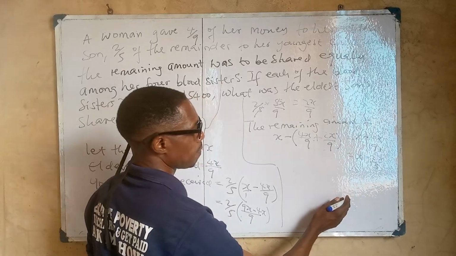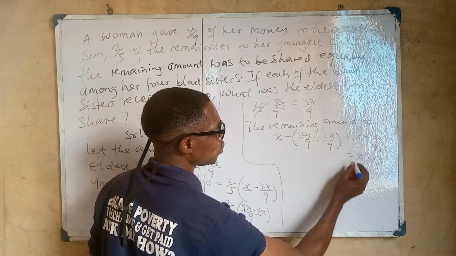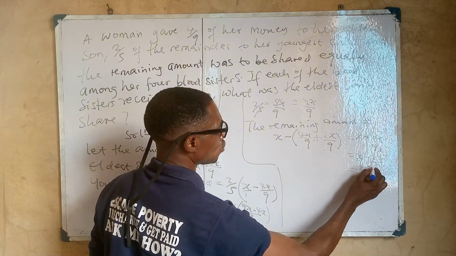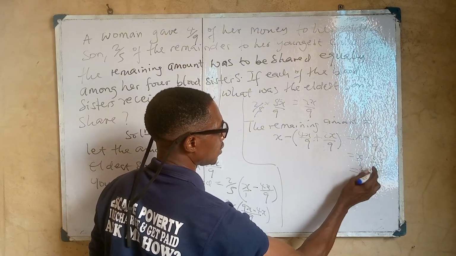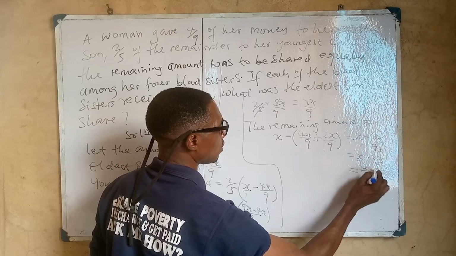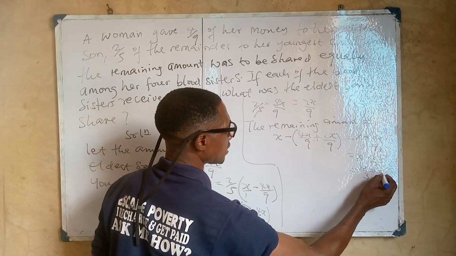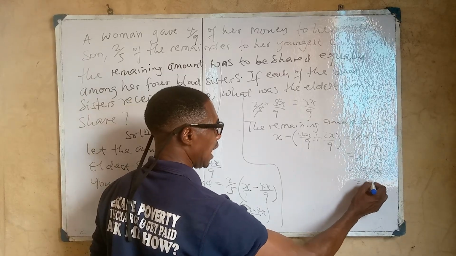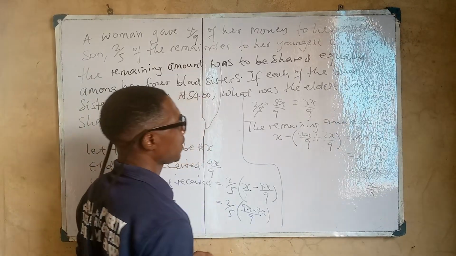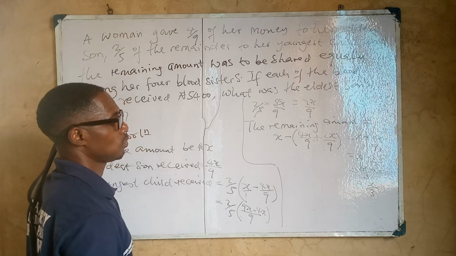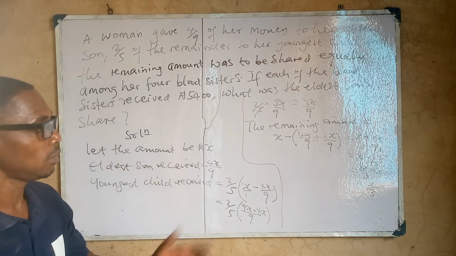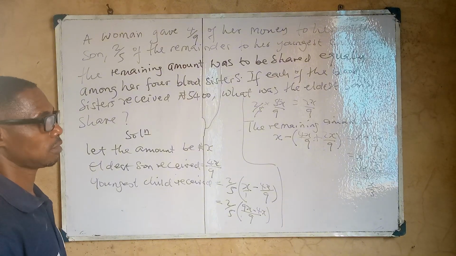Take the LCM, which is 3: 3x minus 2x, that gives us x over 3. Now, this is the remaining amount. If this amount is shared equally among 4 sisters, right?